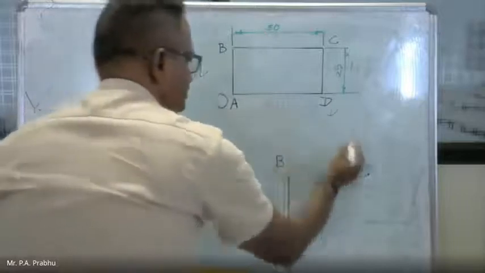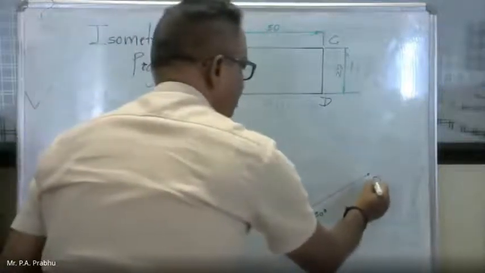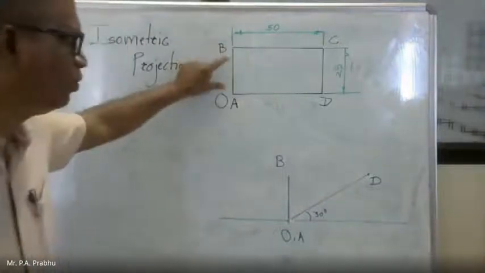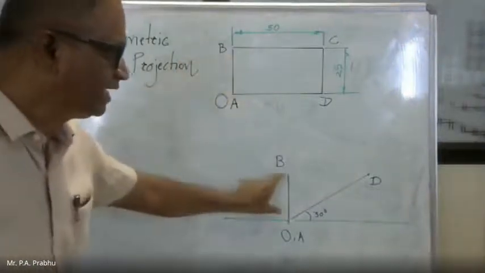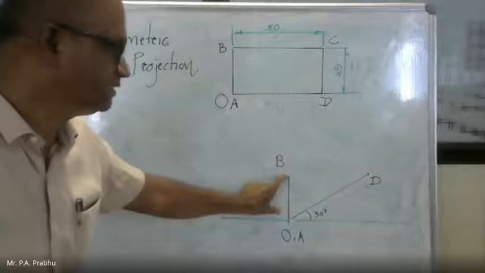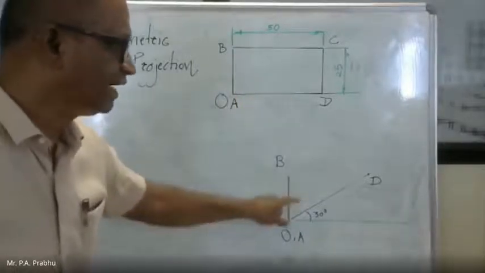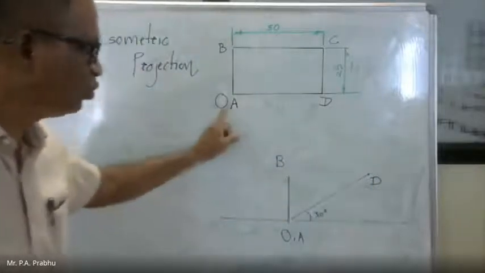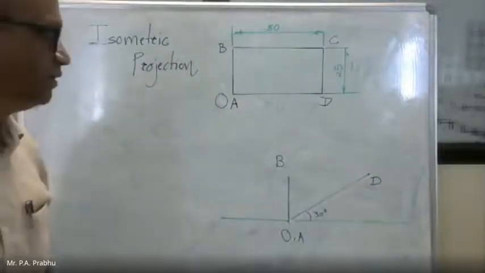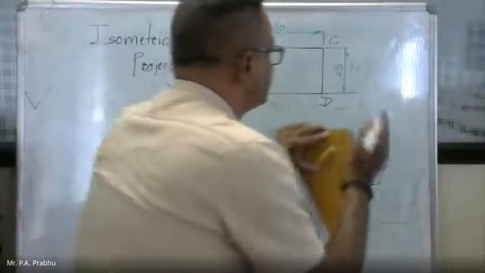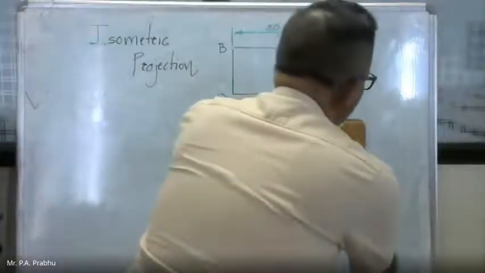So A, next point D. B we have already marked. So O, AB vertical dimension remains as it is. That is the vertical dimension 25. AD is inclined at 30 degrees because O is on your left side. Then we have to mark DC. It is 25 mm in upward direction.